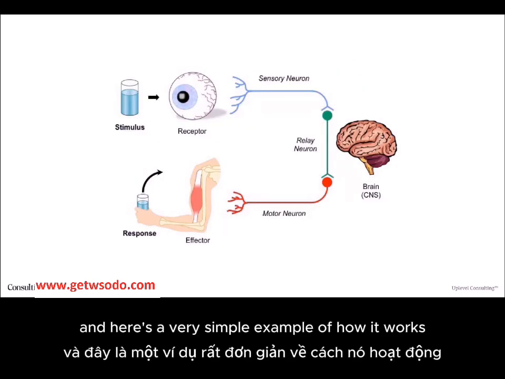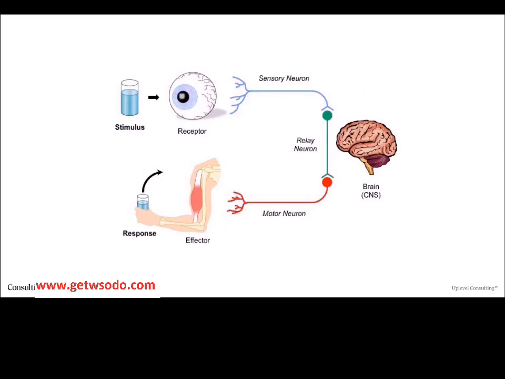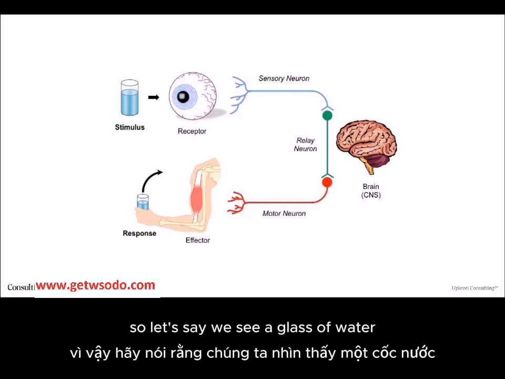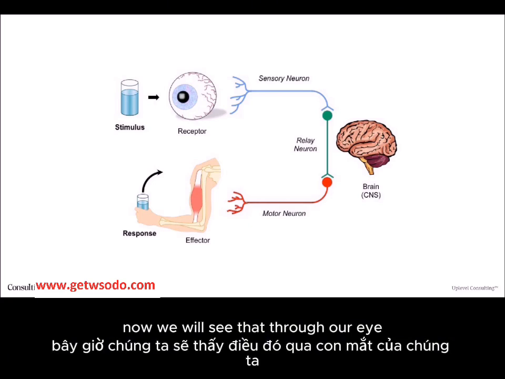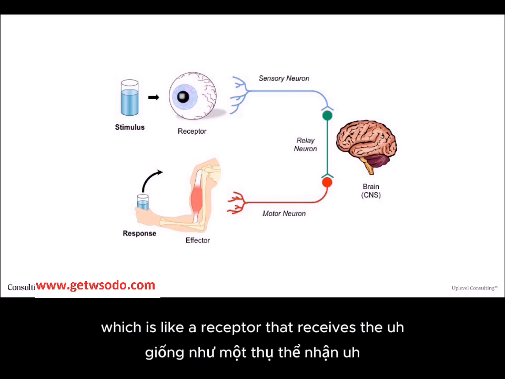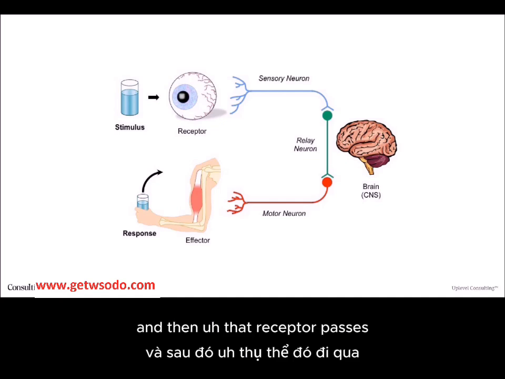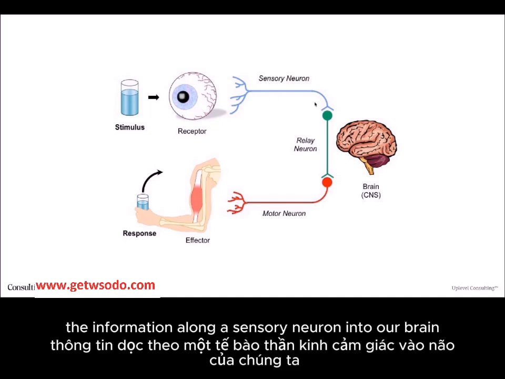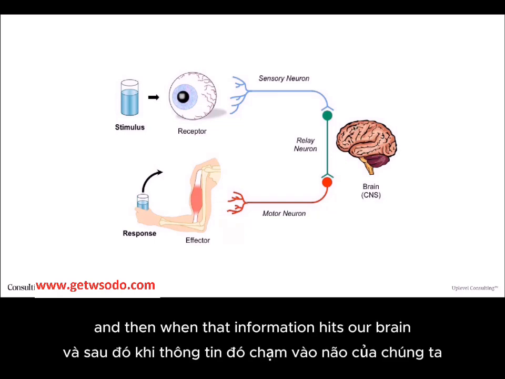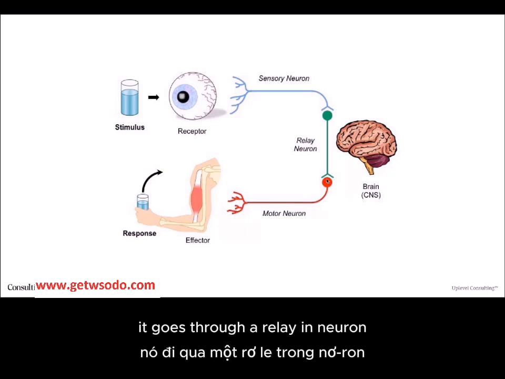And here's a very simple example of how it works. So let's say we see a glass of water. We will see that through our eye, which is like a receptor that receives the waveforms of information that we can see in that water, and then that receptor passes the information along a sensory neuron into our brain. And then when that information hits our brain, it goes through a relay neuron.